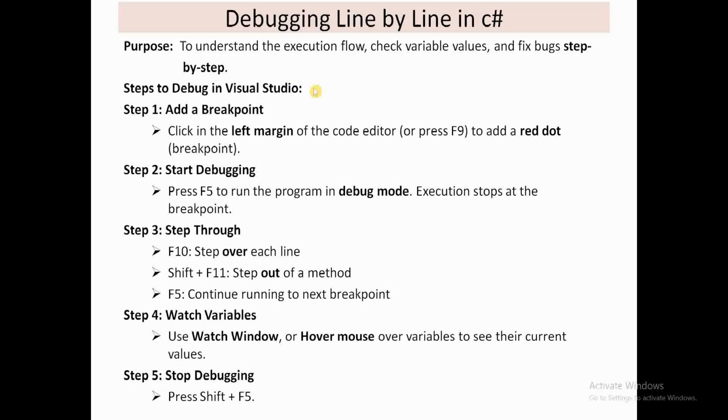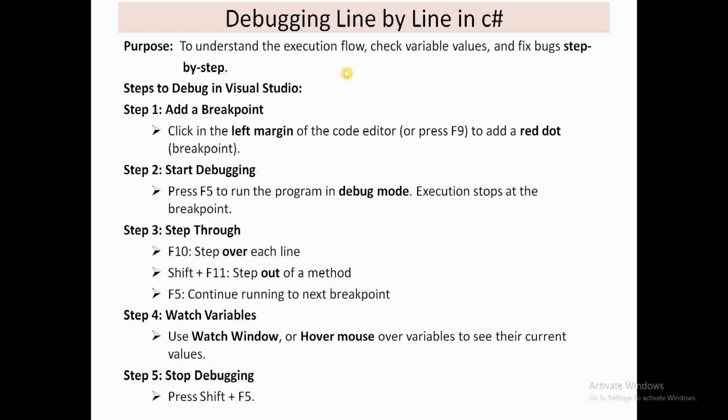Next we have debugging line by line in C#. It is a very important concept of C# programming. If we want to debug code, to understand the execution flow, check variable values and fix bugs step by step, then we can go with debugging.